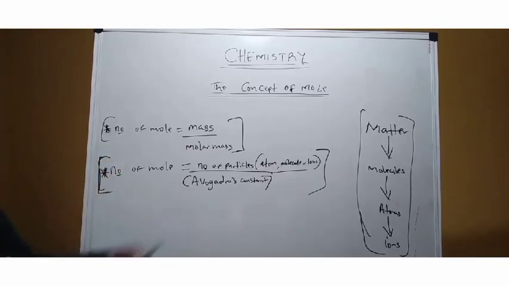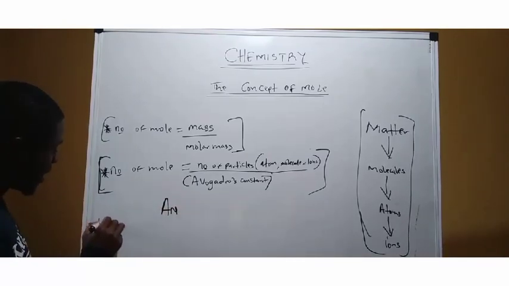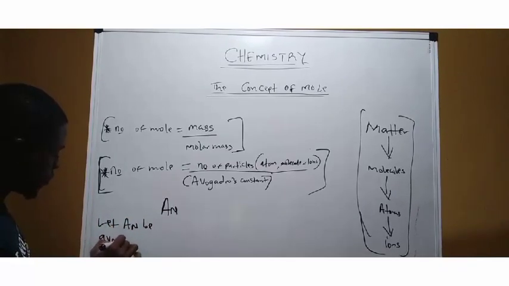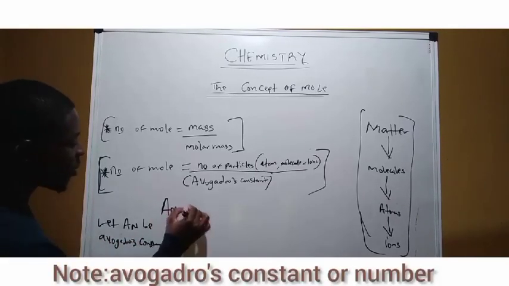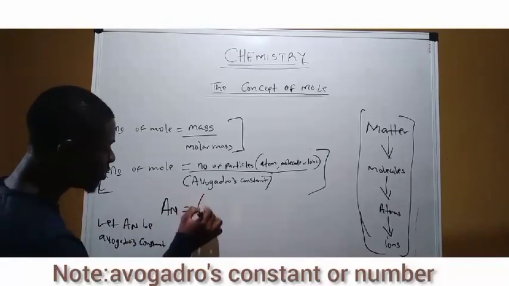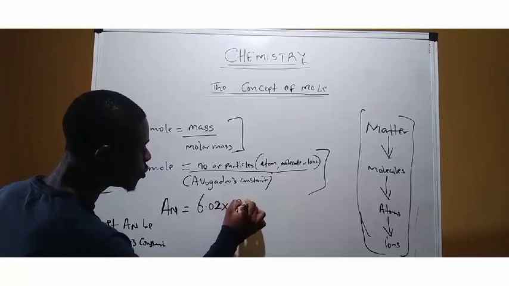Of course, Avogadro's constant, let me represent it as Na. So let Na be Avogadro's constant. We know the value from our previous video is 6.02 times 10 to the 23rd.